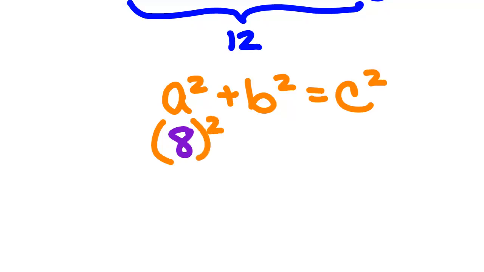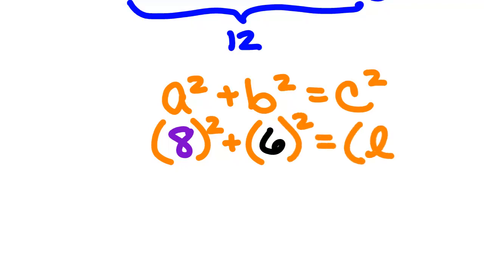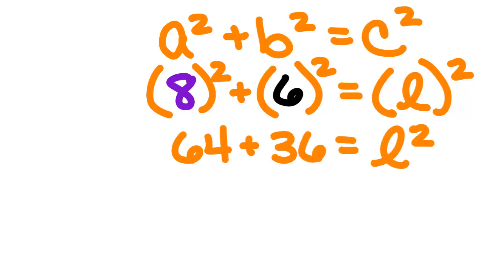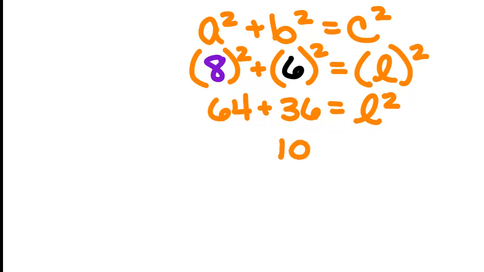B, which would be half my base length, is 6. And that's equal to my slant height, cursive L squared. 8 squared is 64. What's 6 squared? 36. What do I get when I add 64 and 36? 100.